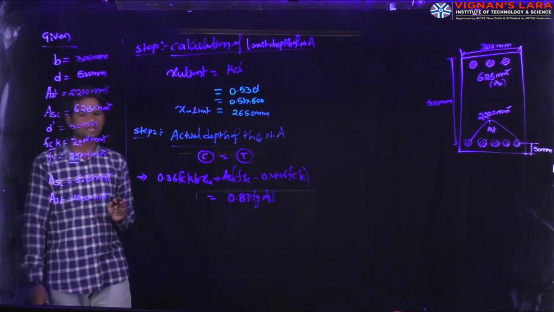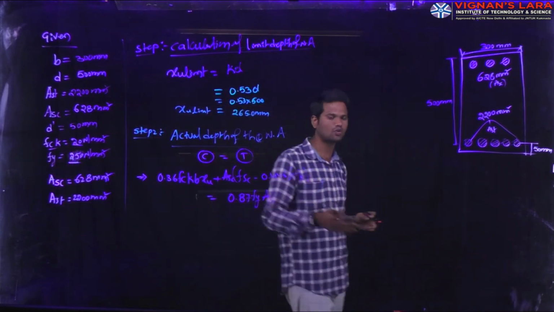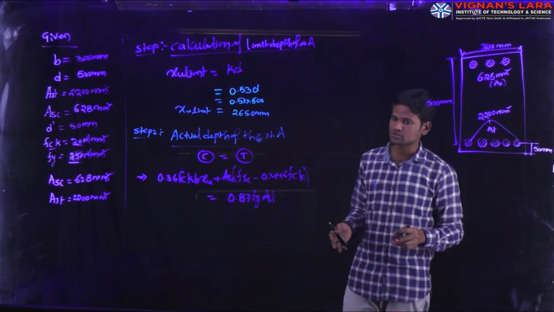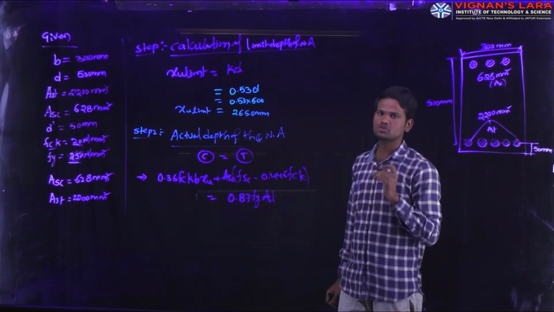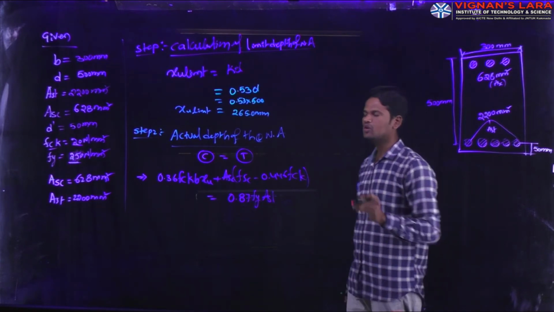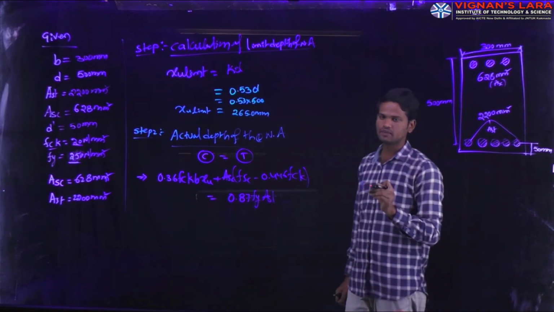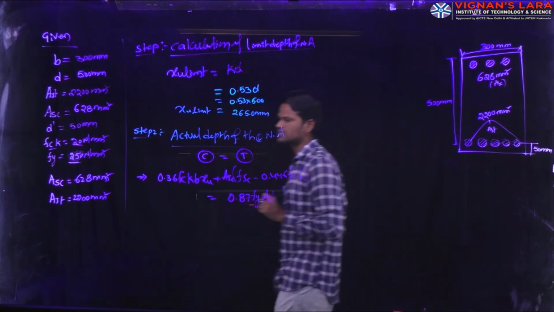How do we calculate FSC? This term is also given in the code book, IS 456 2000, page number 96. FSC equal to 0.0035 into 1 minus D dash by XU max. This is the formula you have to take from the IS 456 code book.